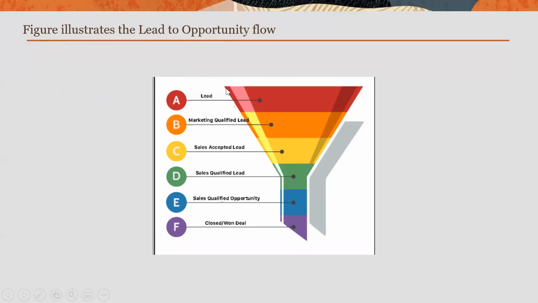We may have some 10,000 or more leads registered. Out of that, the marketing team will qualify a few leads, and the remaining leads will be disqualified. Once the marketing team has qualified them, the sales team will accept some leads.